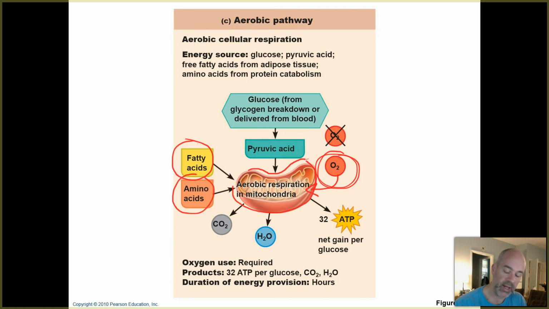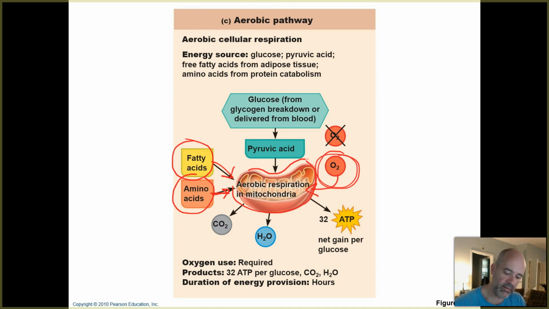You also can get energy from amino acids from your proteins. Those go directly to the mitochondria, and they feed into the Krebs cycle phase of cellular respiration. That's the part in the mitochondria where you get most of your ATP, so you can still extract plenty of energy from those.